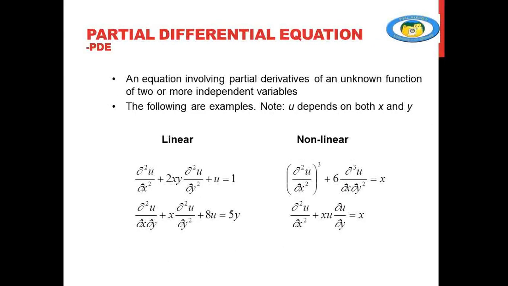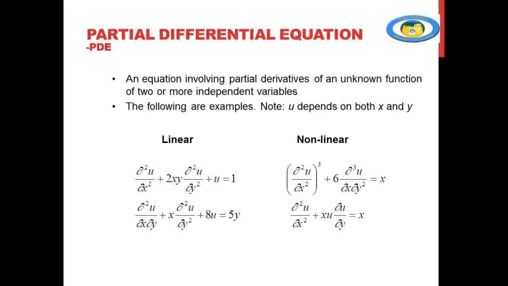As you know, partial differential equations involve partial derivatives of unknown functions of two or more independent variables. In an ordinary differential equation, we're dealing with one independent variable, but here, two or more. You can see in the examples here, u depends on x and u also depends on y.